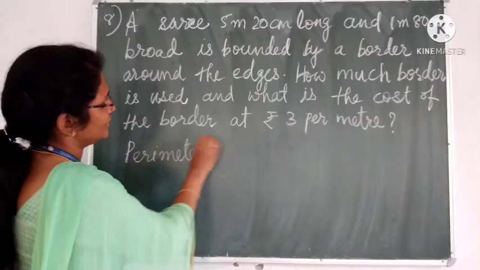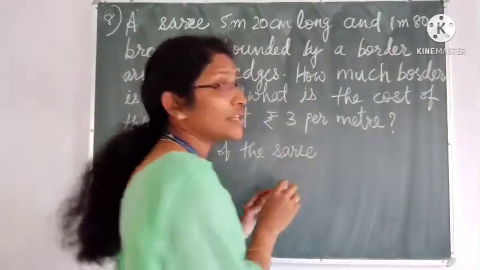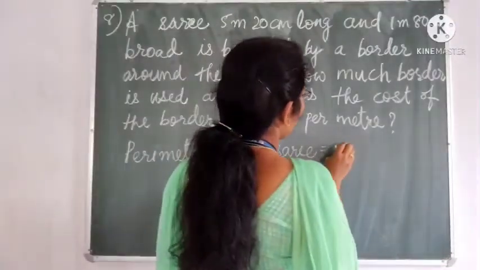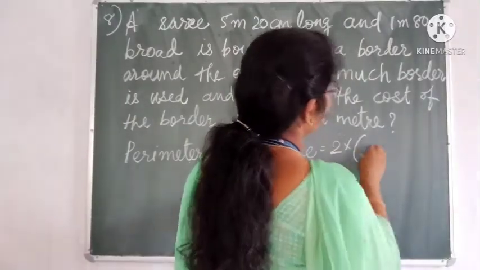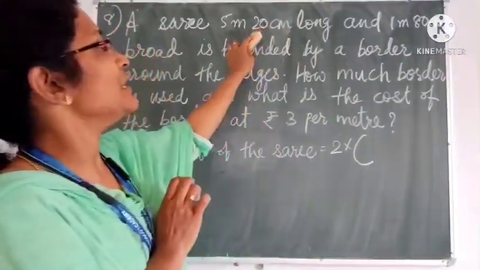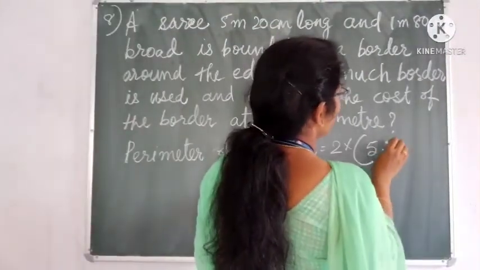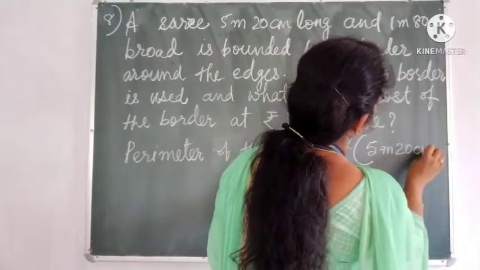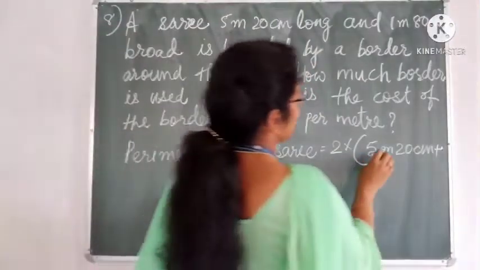Perimeter of the sari, as it is of rectangular shape, which formula we have to use? 2 into length plus breadth. Length is 5 meter 20 centimeter, and we can write it using a decimal point. 5 meter 20 centimeter plus 1 meter 80 centimeter.